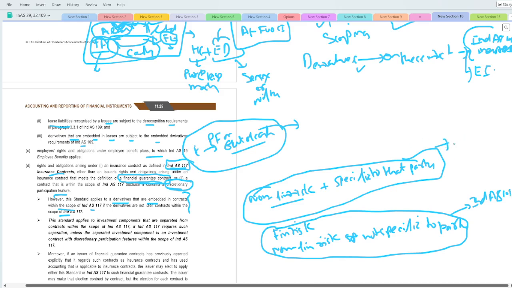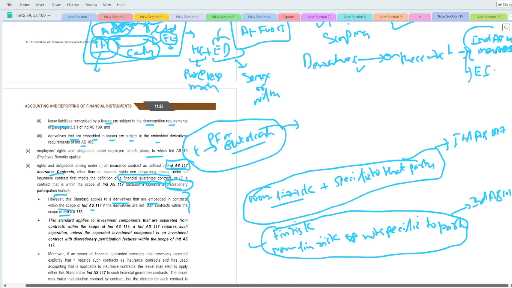And here Ind AS 117 is applicable. So this is what it is saying about derivatives. If the derivative has an underlying of this kind, then Ind AS 109 is applicable. Otherwise, if the underlying risk is of the other kind, then the insurance contract standard is applicable.